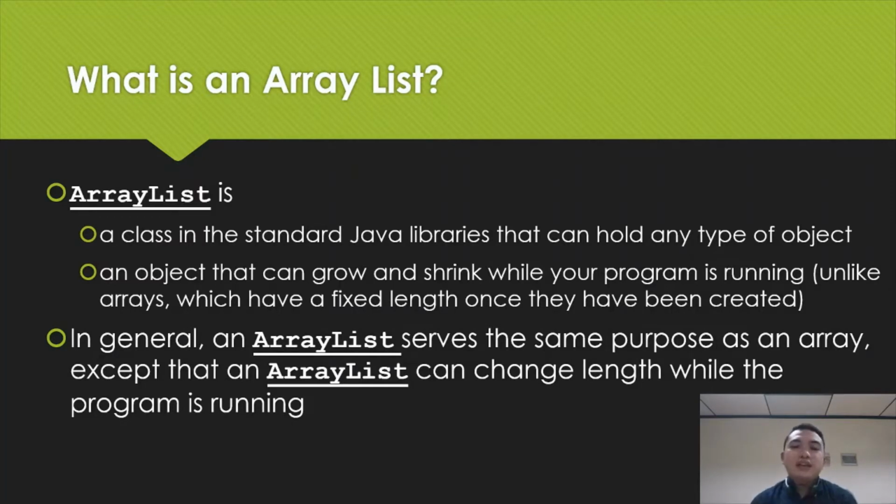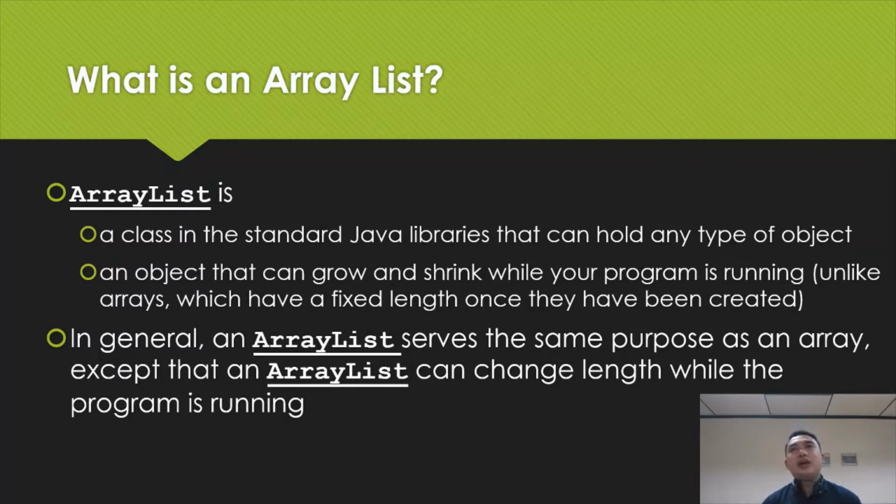ArrayList is an object that can grow and shrink while your program is running. It is different from an array because, as we discussed in the previous slide, the length of an array is already fixed upon creation. But an ArrayList can grow and shrink.